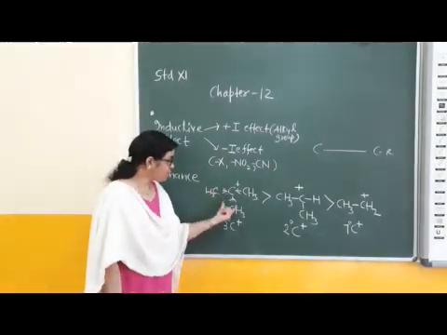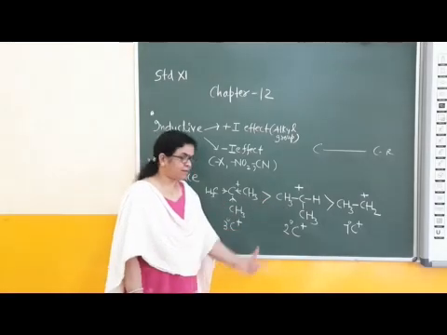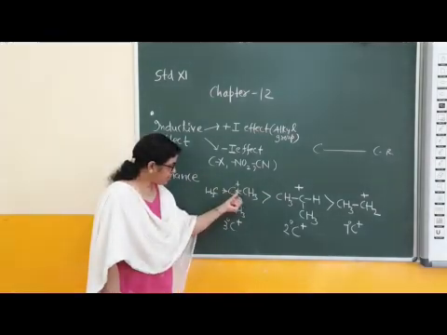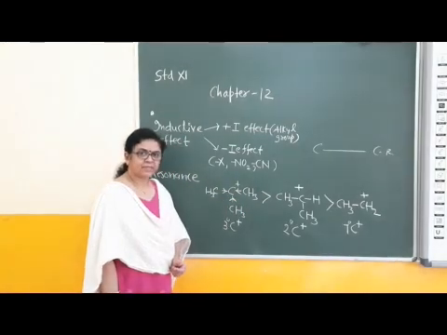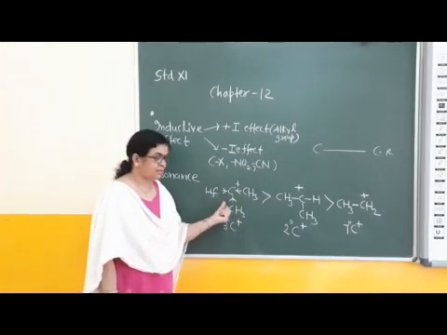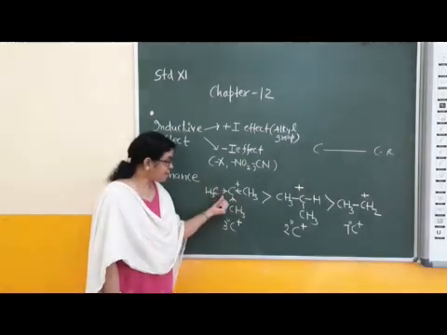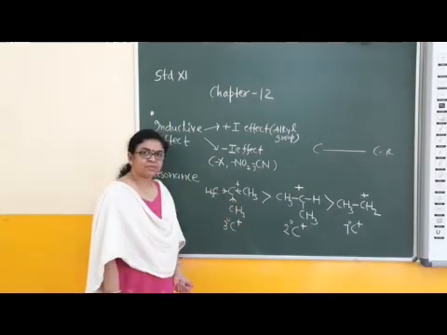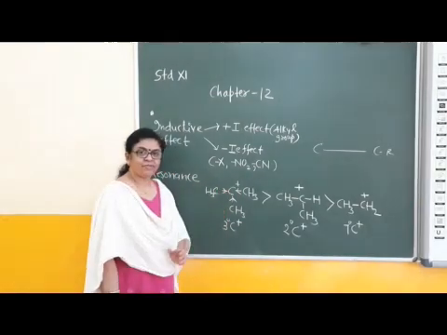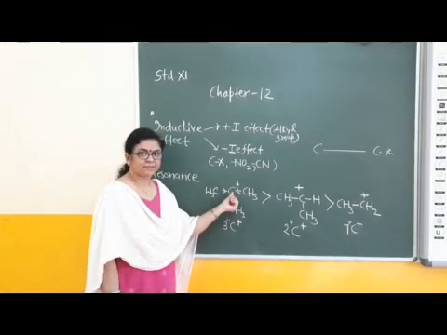What is the reason for the more stability of tertiary carbocation than secondary carbocation? In this electron deficient carbon, 3 alkyl groups are present, right? If the alkyl groups are methyl groups, CH3, CH3, CH3, then this inductive effect is shown by 3 alkyl groups. The direction of the arrow shows movement of electrons from the alkyl group to the electron deficient carbon.